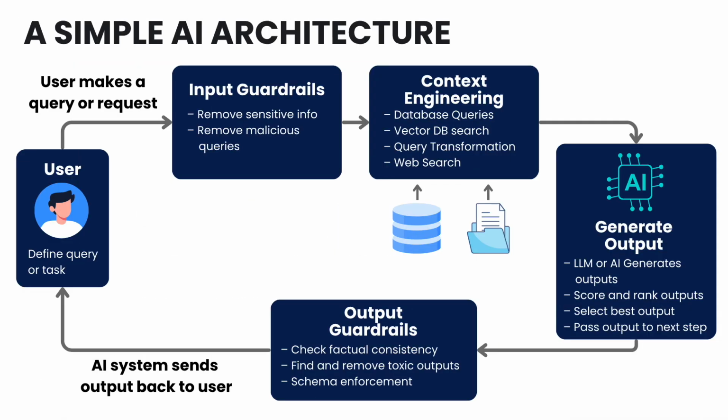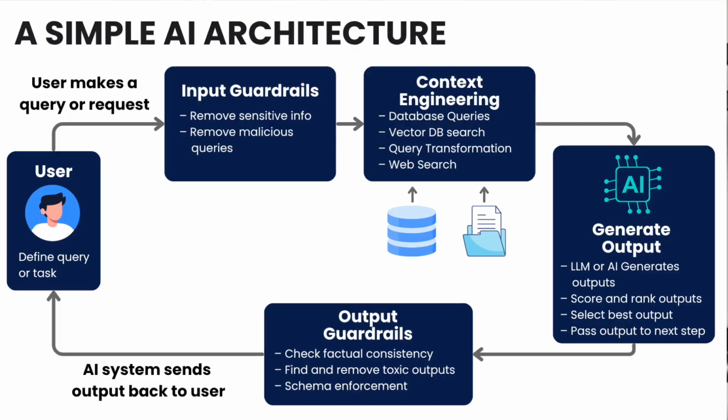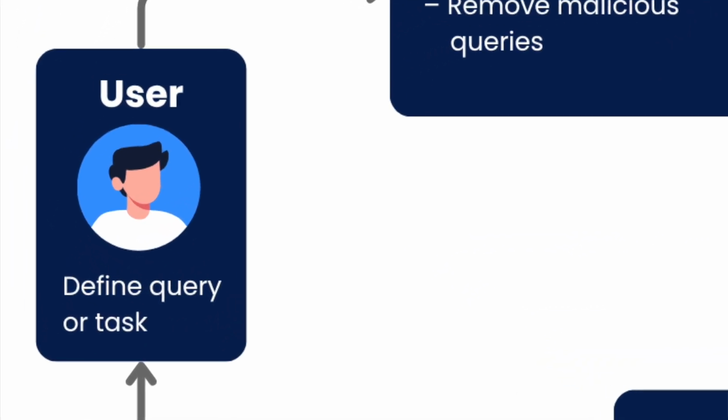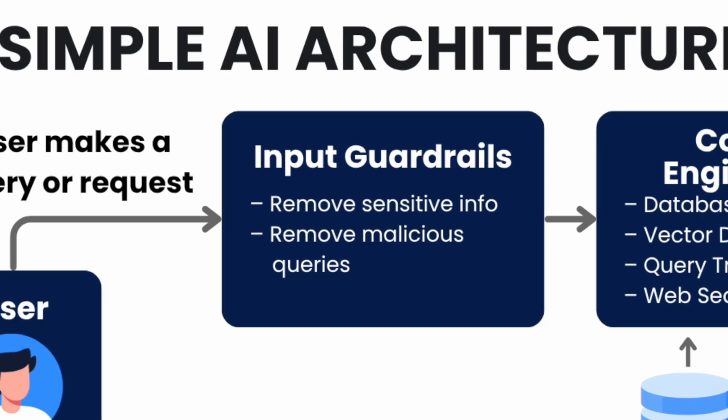This is the base architecture for many types of AI systems, things from chatbots all the way up to much larger AI systems. Even AI agents are going to be based on something like this. So you see that we have a user who's generating a query, then applying guardrails.